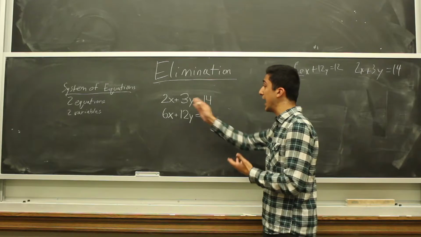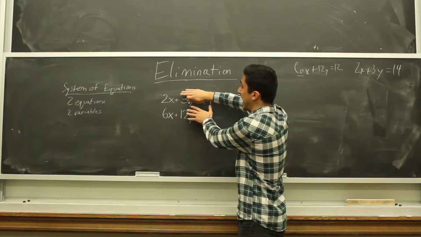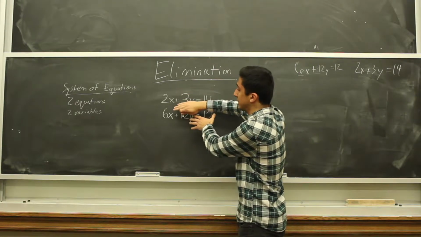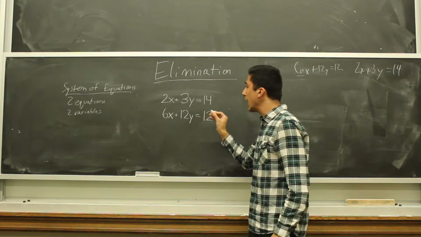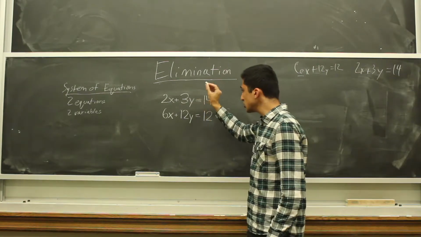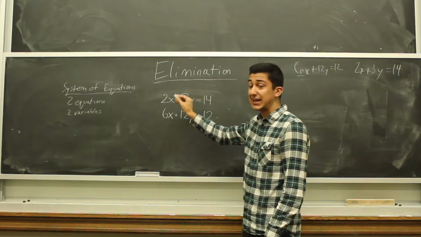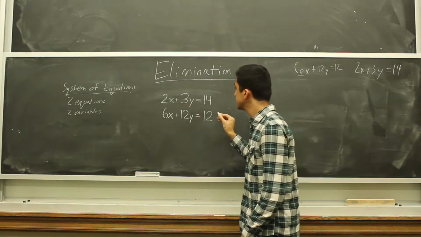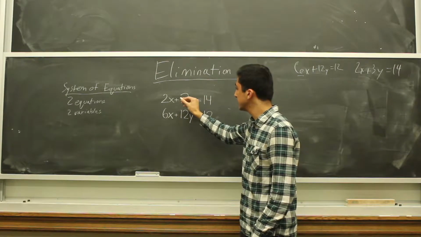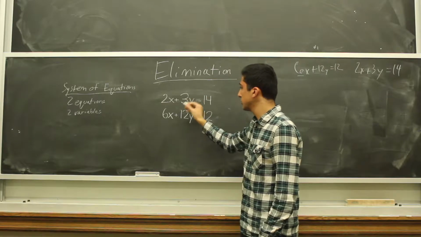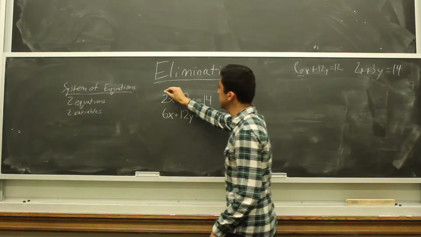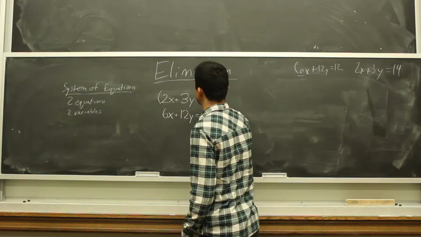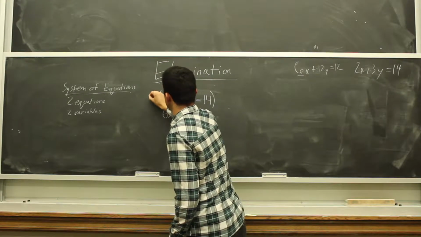So I'm going to pick x, and looking at the two coefficients that we have over here, we have 2 and we have 6. So now, I want to multiply an integer to one of these equations that will allow me to cancel out these when we subtract. So since 2 is 1/3 of 6, let's take this whole equation on top and multiply it by 3.